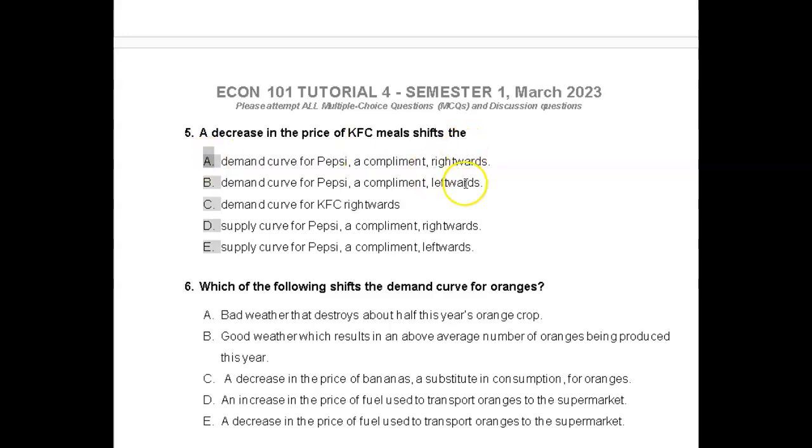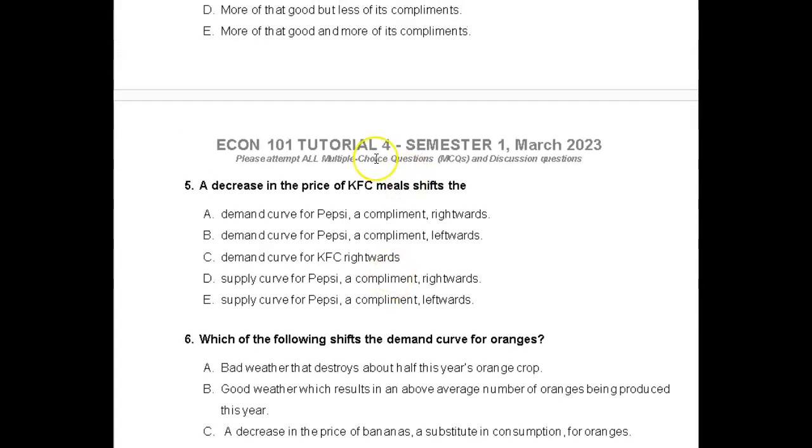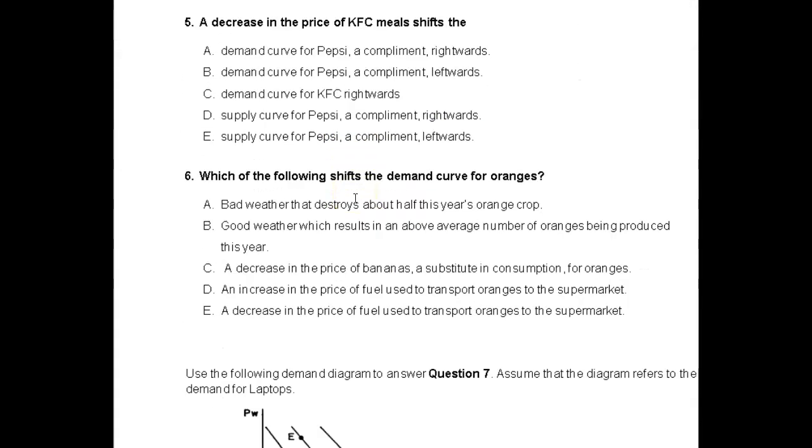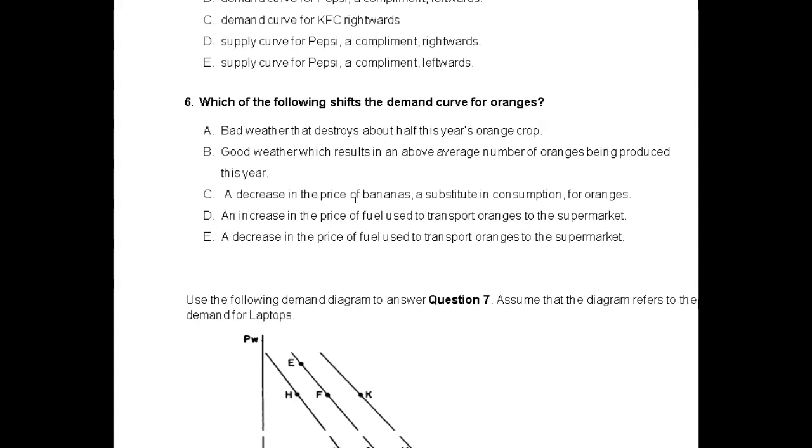Demand for KFC, which is a complement, will go rightwards. Because the price decrease for KFC, more people want to buy KFC. And in return, because Pepsi is a complement, more people will buy Pepsi. So it's A.